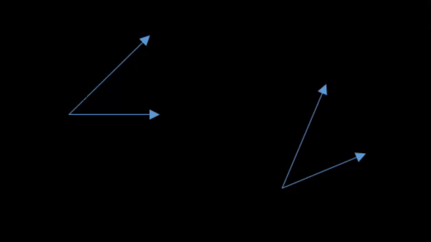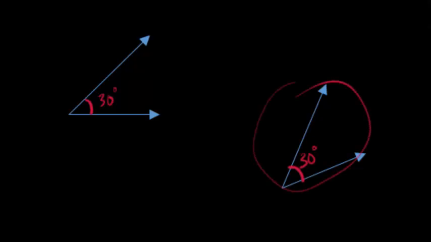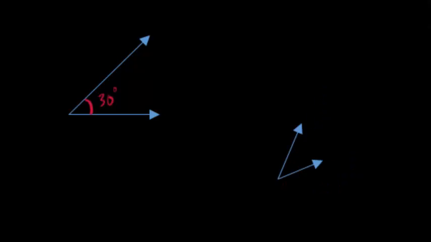But if this angle right here has a measure of 30 degrees, and if this angle right here has a measure of 30 degrees, it doesn't matter if this angle is located in the bottom right of the screen and this angle is located in the top left of the screen, they're still congruent to each other because they share the same measure. Now you might see the scenario with angles where one looks like it's bigger than the other.